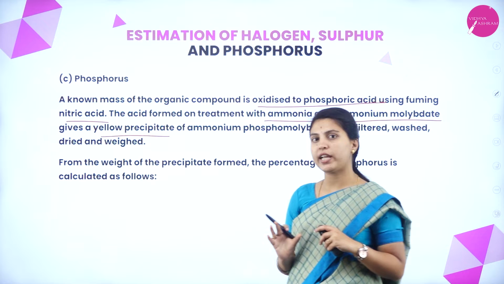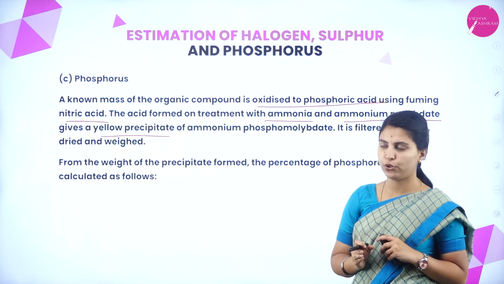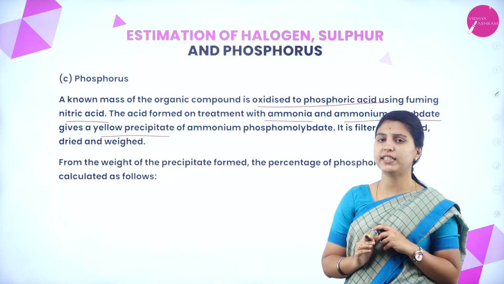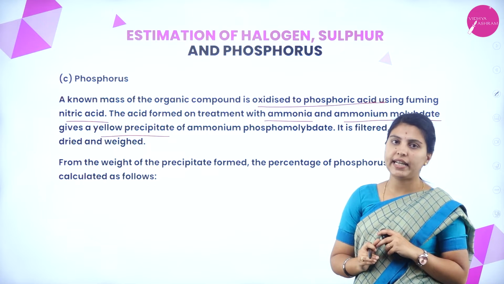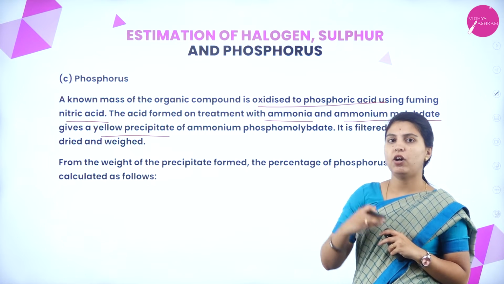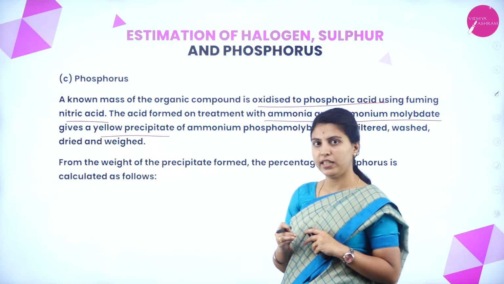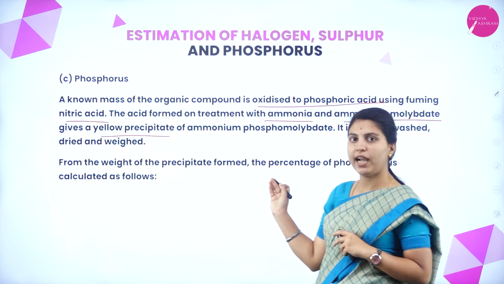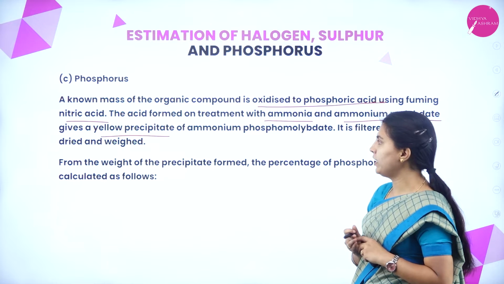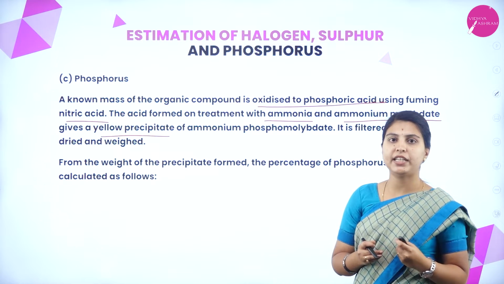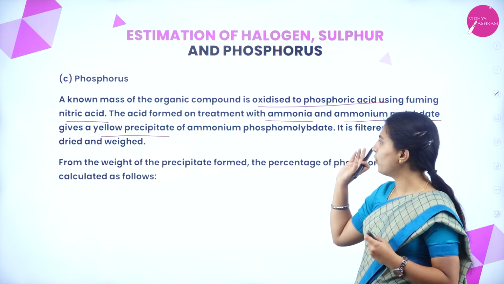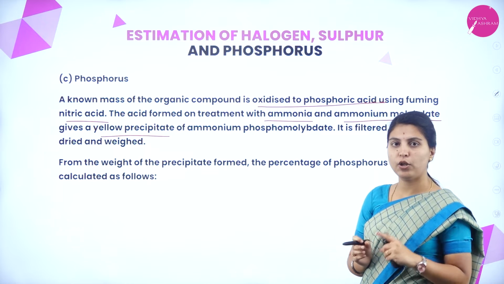A known mass of organic compound should be taken in a Carius tube and oxidized to phosphoric acid. The phosphorus will be oxidized to phosphoric acid by using HNO3, that is nitric acid, and it is treated with ammonia and ammonium molybdate, which gives a yellow precipitate of ammonium phosphomolybdate.